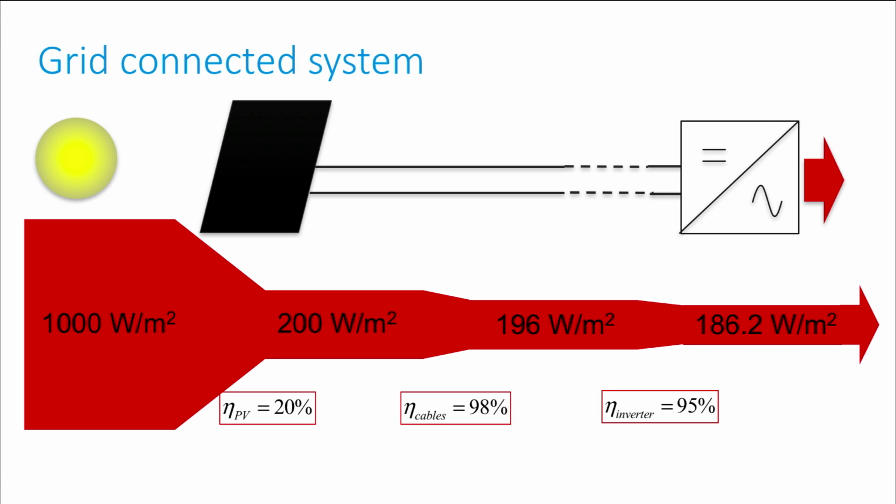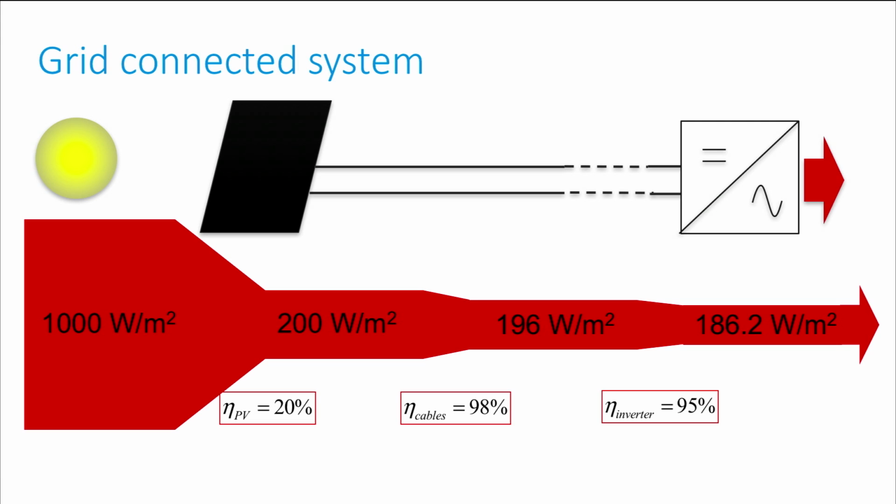Thus, the AC power per area present in the system is 95% of 196, which is 186.2 watts per square meter. Assuming a lossless exchange at the distribution panel and dissipation in the cables carrying AC power that can be neglected, we get an overall PV system output of 186.2 watts per square meter.